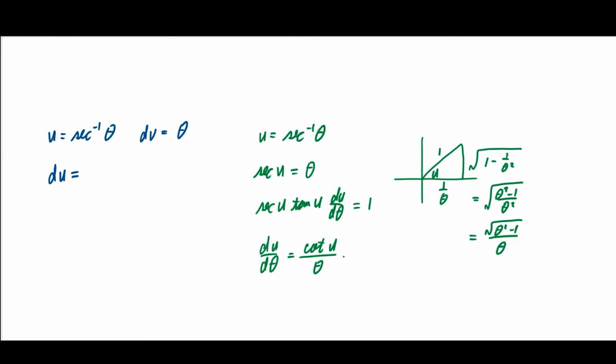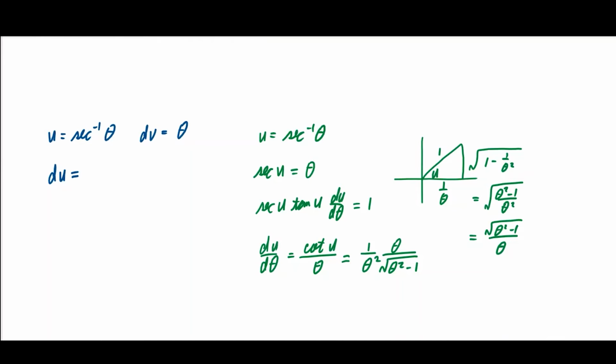Now we continue here. Cotangent is this over that, isn't it? So we say 1 over theta, this over that. So we flip it over and multiply, eh? So we have theta over the square root of theta squared minus 1. But then I had this thingy here already, so square that.